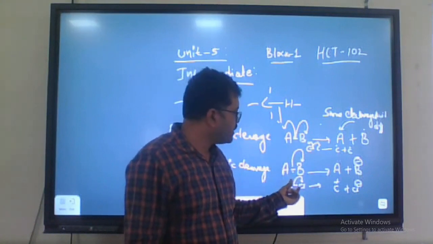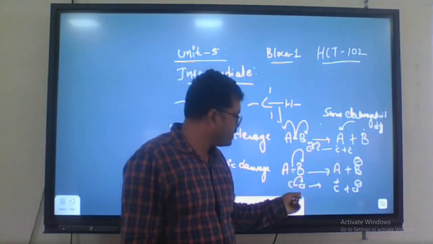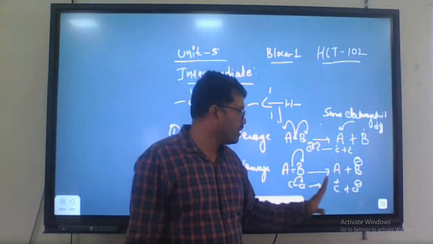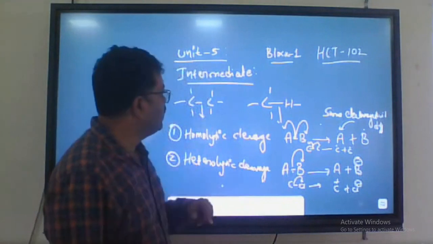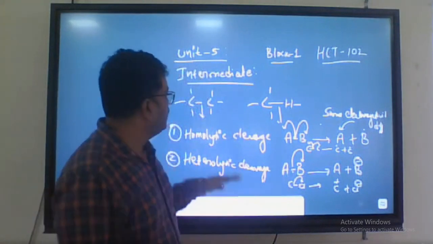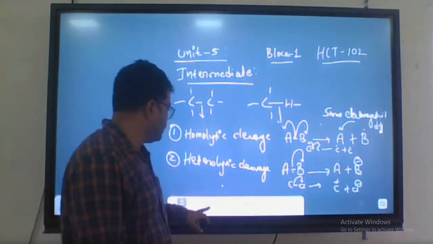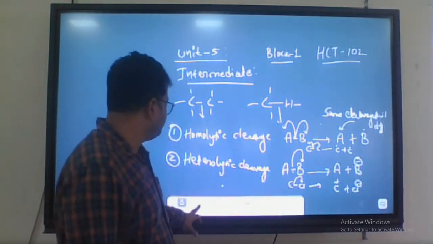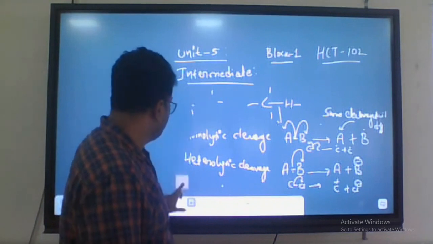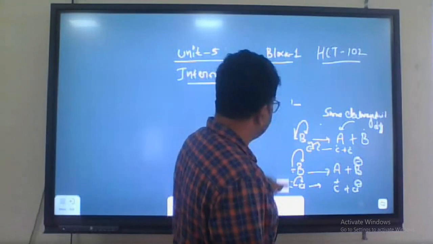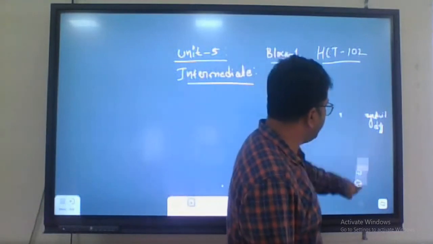That's why it takes the shared pair of electrons towards itself and becomes negative, and the other becomes positive. This type of cleavage is called heterolytic cleavage. So this is homolytic and heterolytic cleavage.